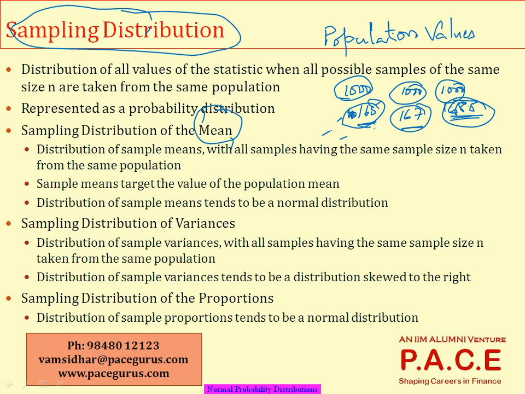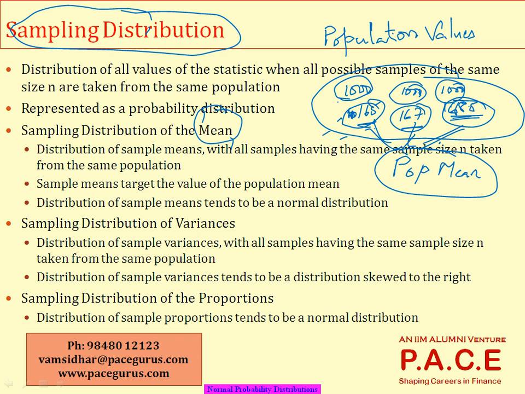And what it is saying is most of the values will be in a small region like this. They are targeting the population mean. So I can try to estimate the entire population mean using these various sample means.